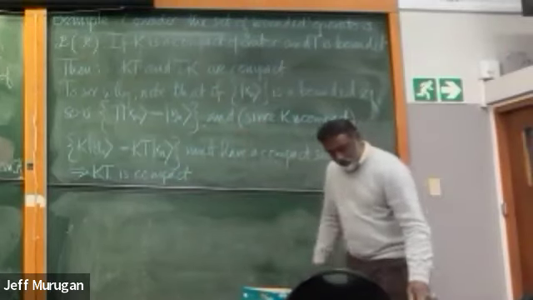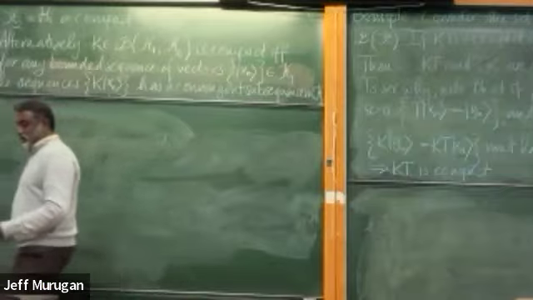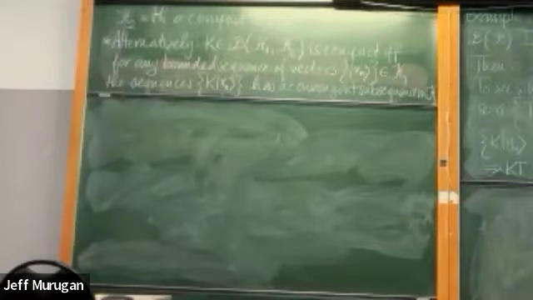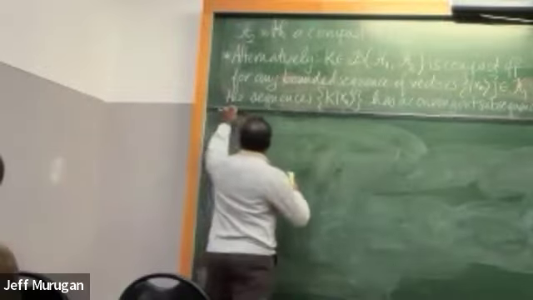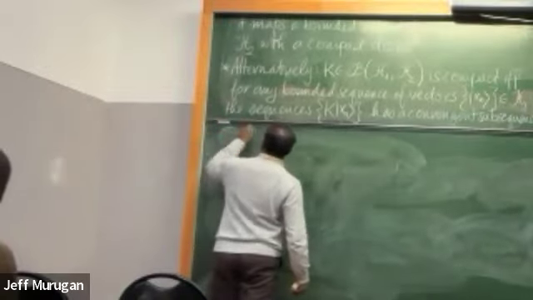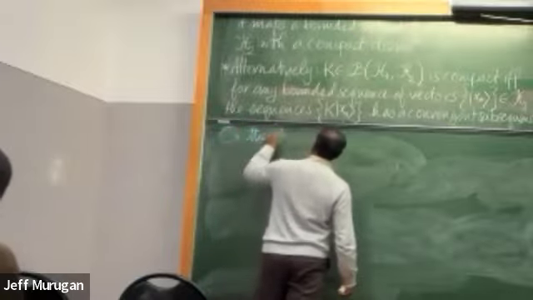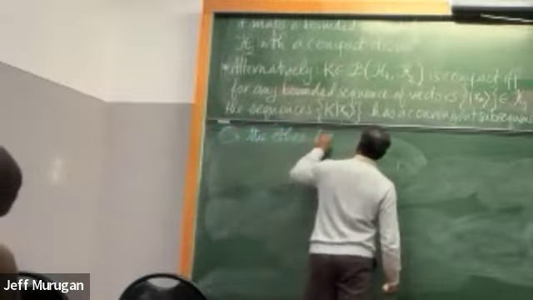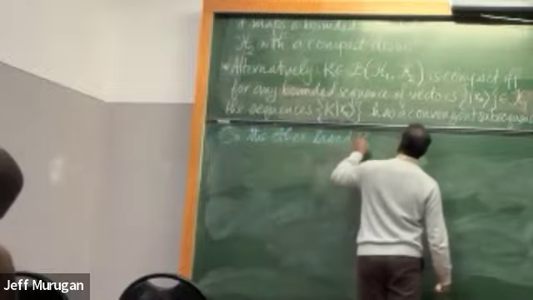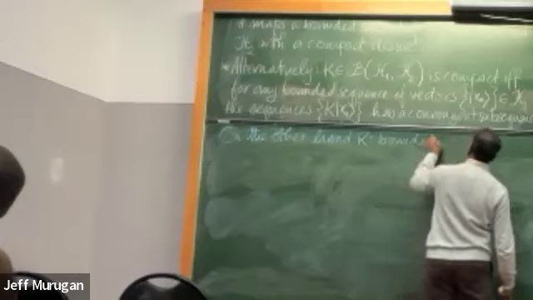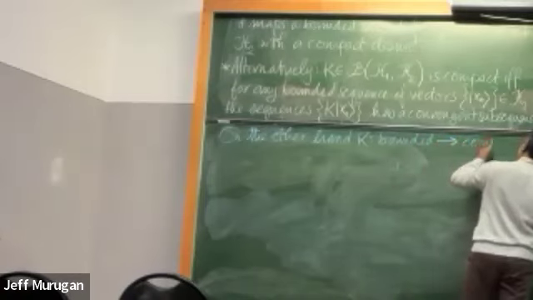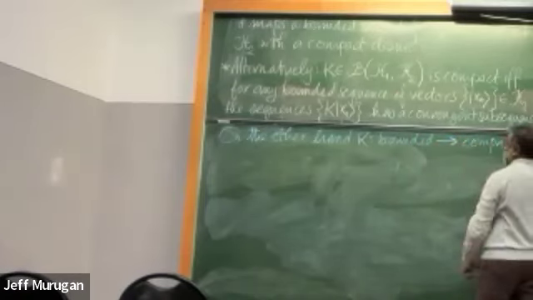On the other hand, the compact operator K maps bounded sets onto compact sets.